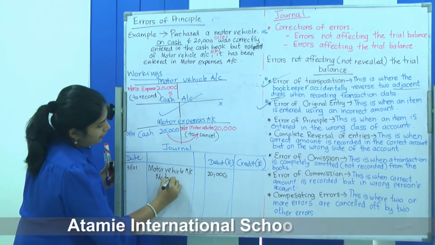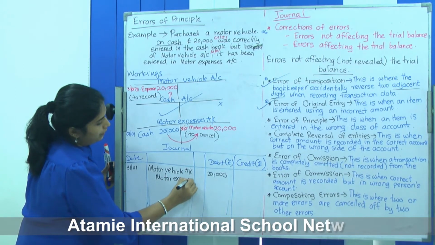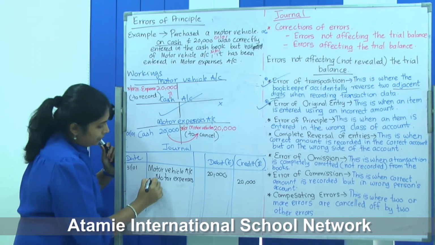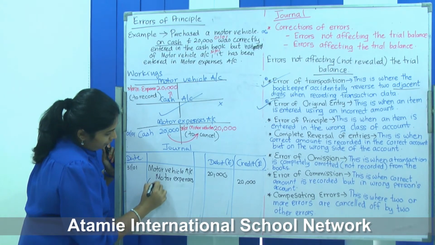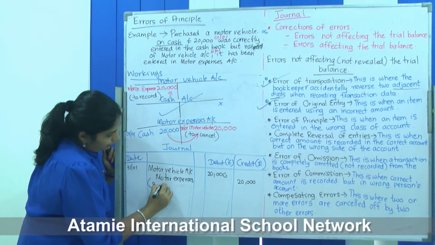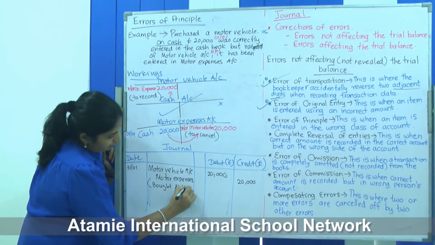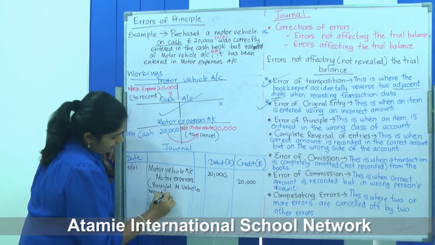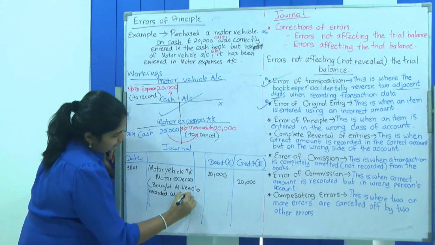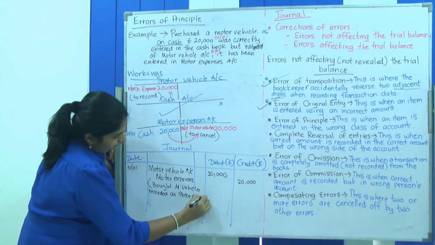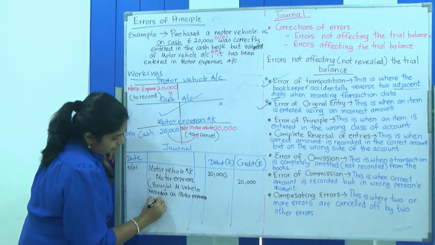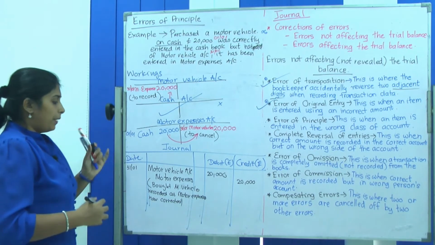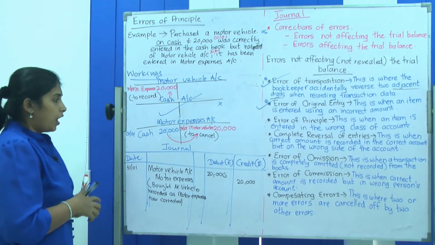Okay, so the motor expenses account will be credited by 20,000 and your narrative will be: bought a motor vehicle, recorded as motor expenses, now corrected.